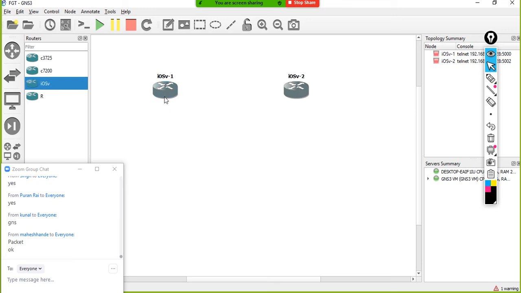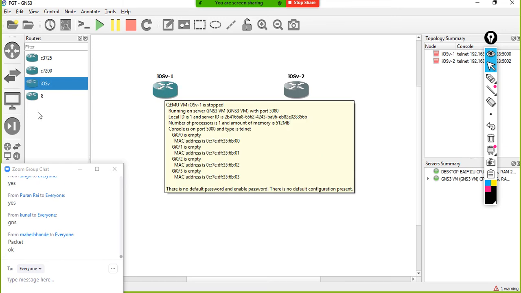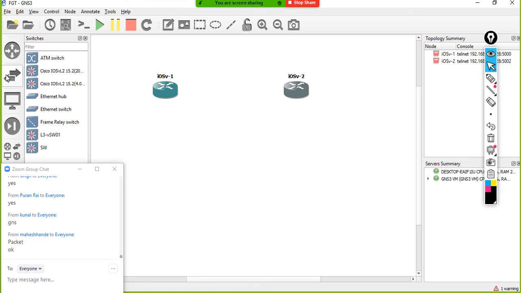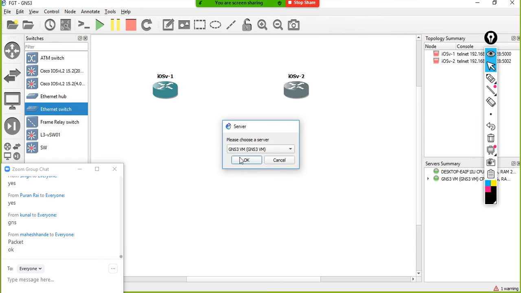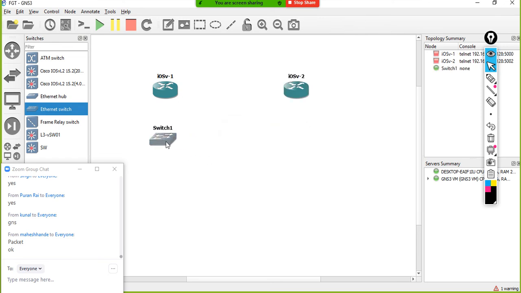So I'm going to take two routers, guys. Now after that, I'm going to take a layer 2 switch. Did you notice that there is a layer 2 switch over there? Here I don't want to configure any VLANs, that's why I'm taking this switch. Is it clear, everybody? Let's take one more layer 2 switch here. Can we take Windows XP PC, guys?